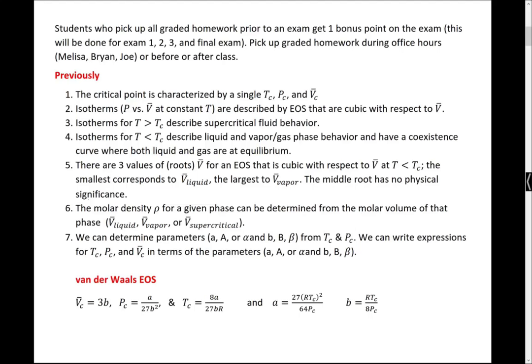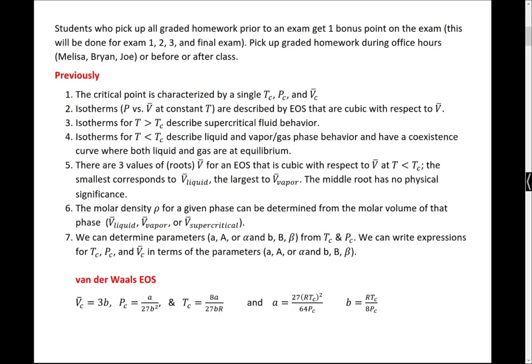All right, and then what we also talked about on Wednesday was isotherms. So I wanted to take a moment just to briefly go over isotherms. So this is a phase diagram. I have pressure on one axis, I have molar volume on the other axis. And isotherm means I'm holding the temperature constant, right?